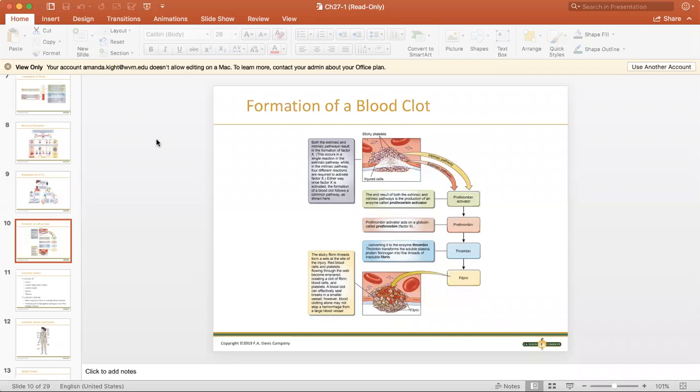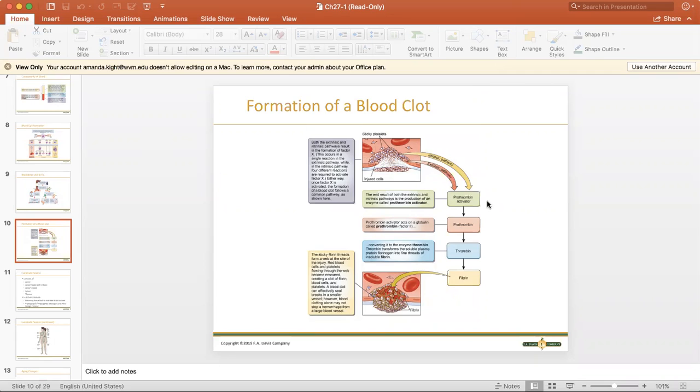My apologies. Okay, so over here, I like this part right here because it gives you the bigger picture rather than all these little tiny things. Of course, you're going to read them through your textbook, but when a cut or some sort of injury happens, your body responds to it, right?